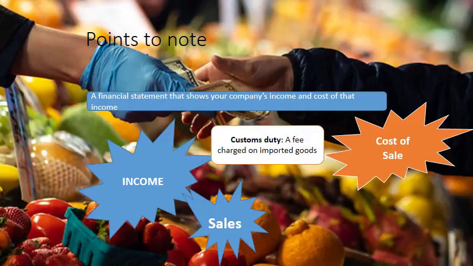So $200 is the price at which you are going to buy the goods from the wholesaler. We call that the purchase cost. It's the money you're putting out to purchase from the wholesaler. You give the wholesaler the money, the wholesaler gives you the goods, so you have incurred the cost of purchasing those goods.